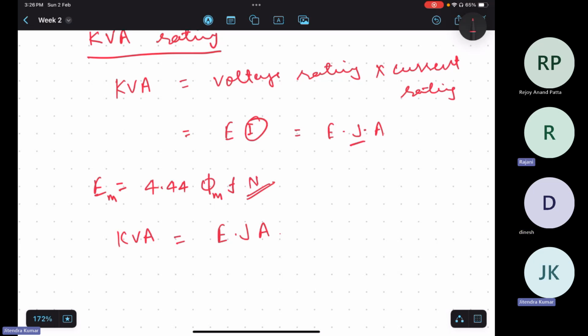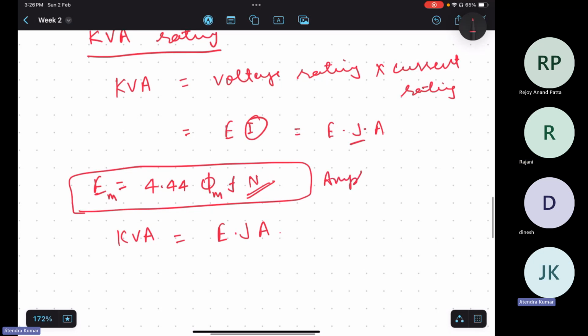This is maximum value. This is amplitude. So our KVA rating is what? The maximum value your machine can hit.